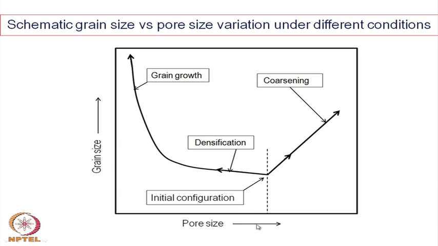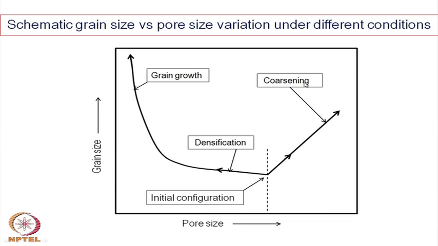So, if the pore size is increasing and grain size is also increasing, from here we are increasing the grain size and the pore size is also increasing, and this is what happens.